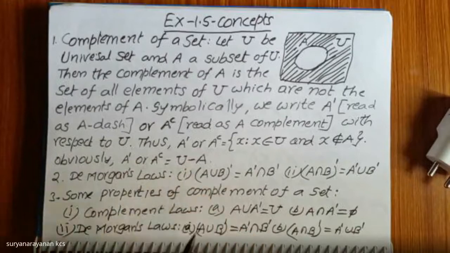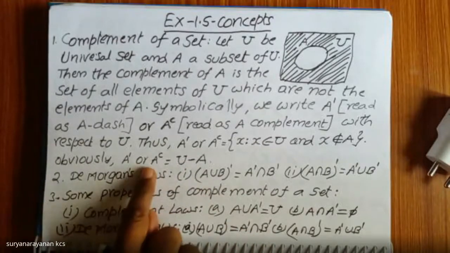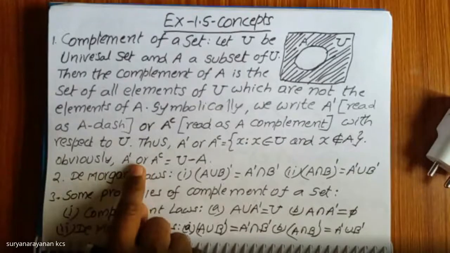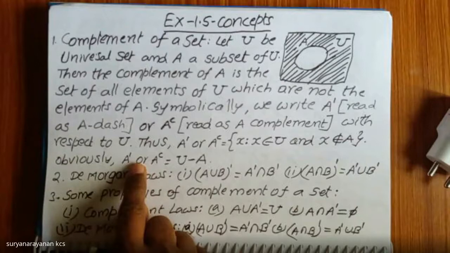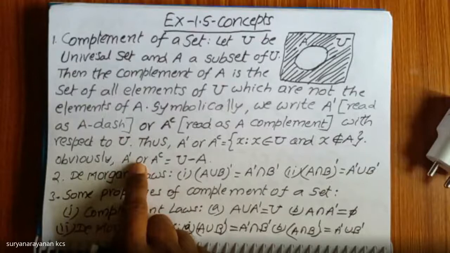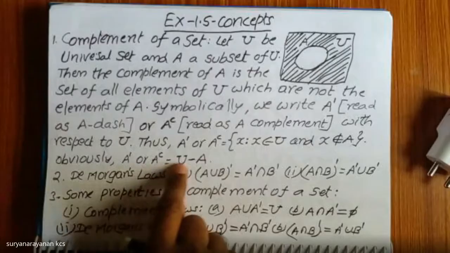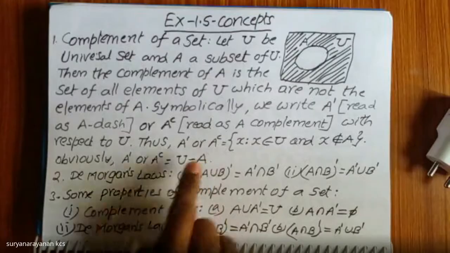Very good. My dear Rexlin, are you there online? Okay, it's okay, my dear Rexlin. My dear Ria, read this formula once. Yes, sir. A dash or A complement is equal to universal set minus set A. Very good. GS.